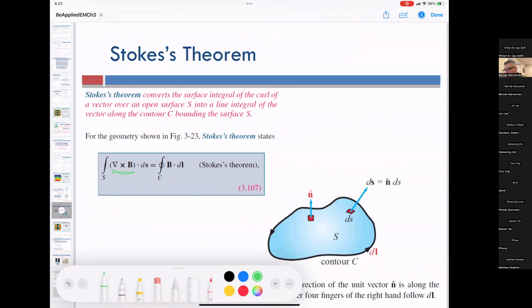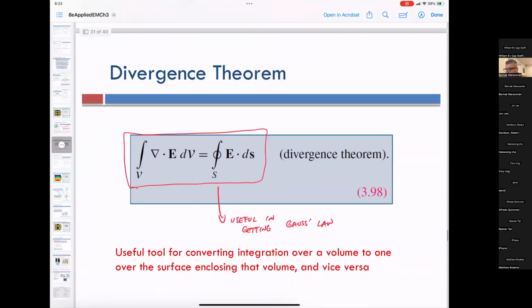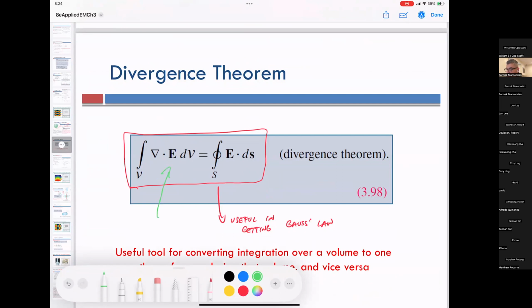Okay, so I'm also trying to get you thinking about why this equation, say the divergence theorem, is useful. Not necessarily mathematically, but from the standpoint of us calculating this thing. It's relating a volume integral to a surface integral.